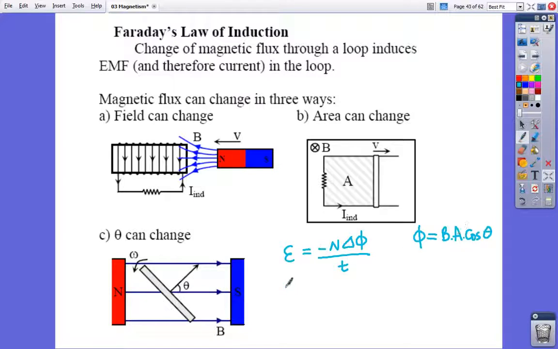So here basically you will have several variables that can be changed to create EMF, induced current: magnetic field, area, and the theta.